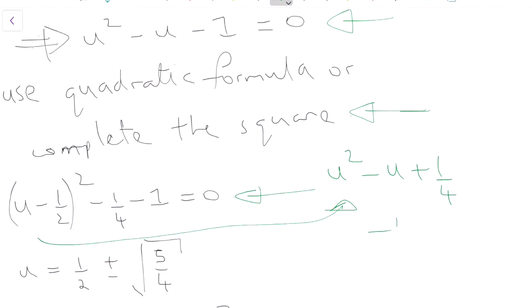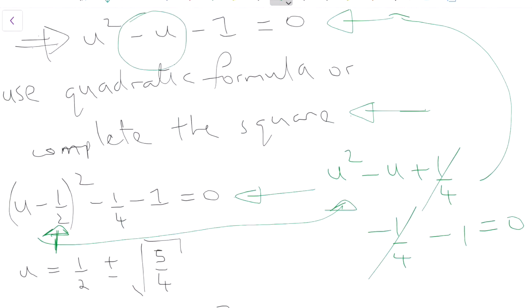And then minus a quarter minus 1, these two cancel, equals 0, which brings us back to our original equation. So always choose the minus a half here, always choose this constant, so that when you expand, you get back your linear term, which is that one.